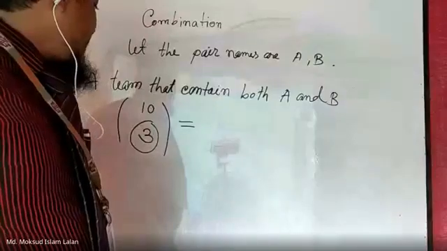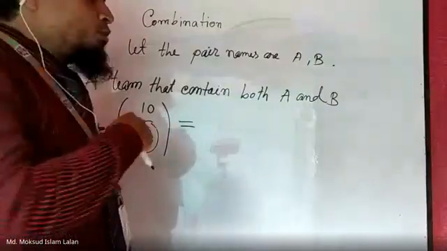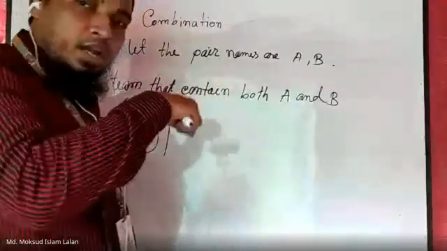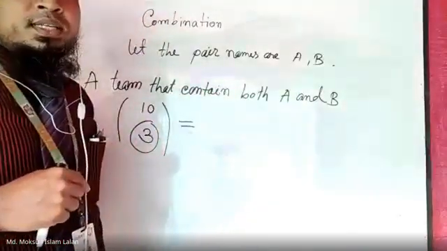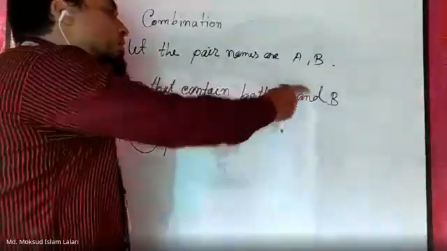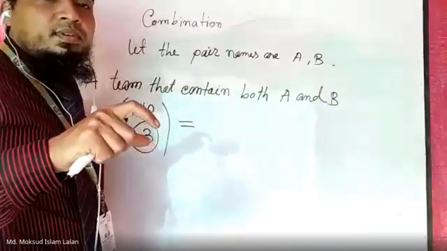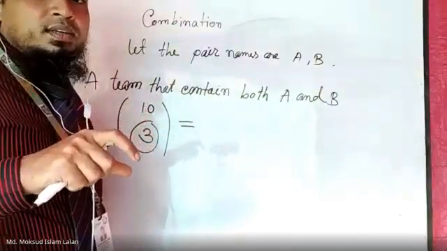You have to make a 5-member team. So among the 5, 2 already belong, A and B already belong. Do you understand, Selim? Yes, sir. Since they already belong, you have only 3 spaces, because you have to make a total 5-member group, right? Yes, sir.